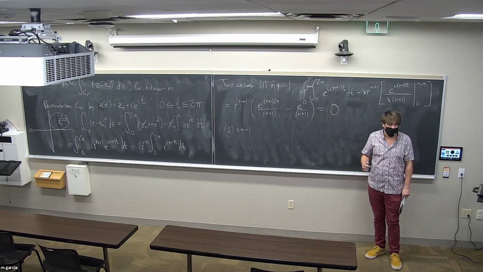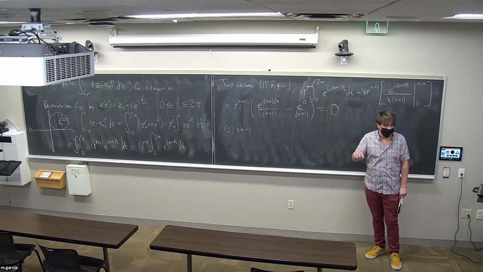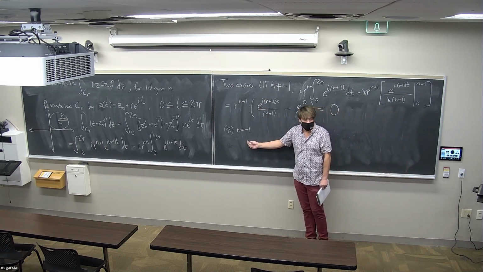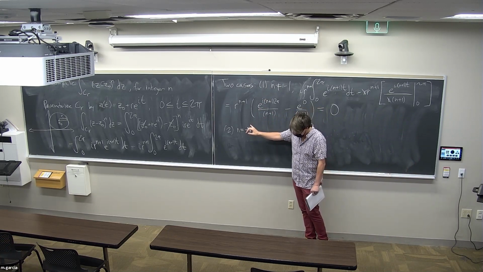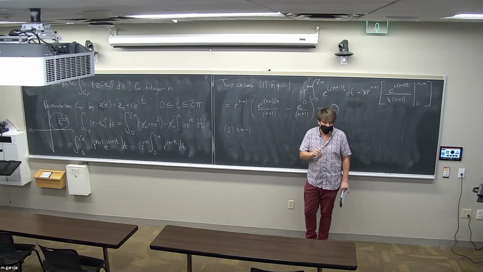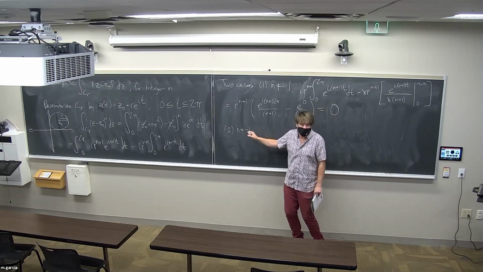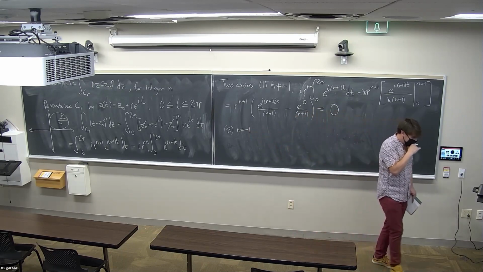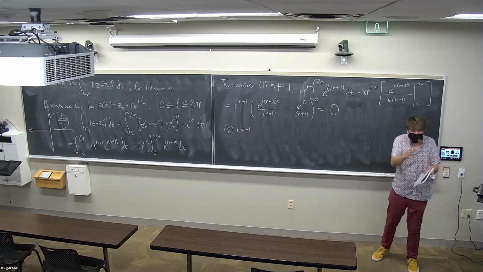So you still get 0 when you integrate a closed curve around it. But when we have a different type of singularity, there's some different behavior at n equals negative 1.